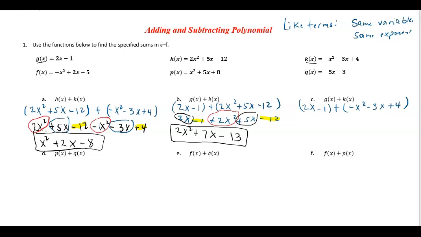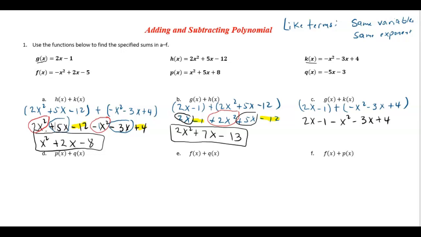I like to write it without the parentheses. So we're going to have 2x minus 1. Since that's a plus, it doesn't change anything inside the parentheses. So we're going to have minus x squared minus 3x plus 4.